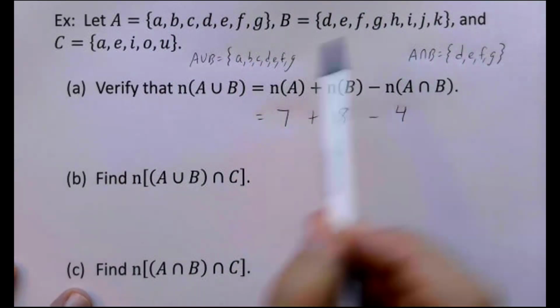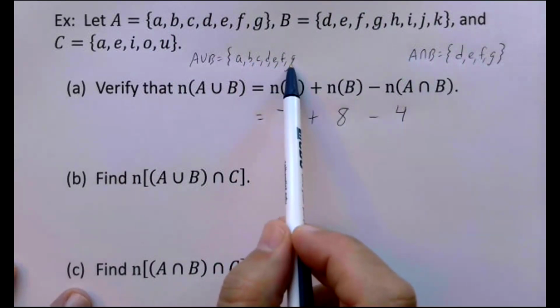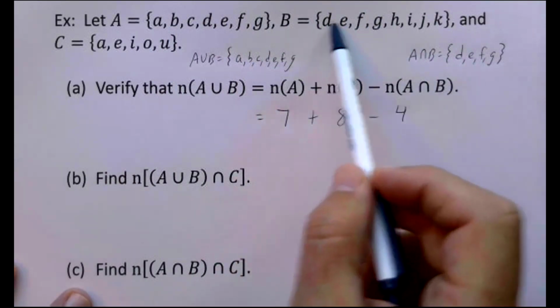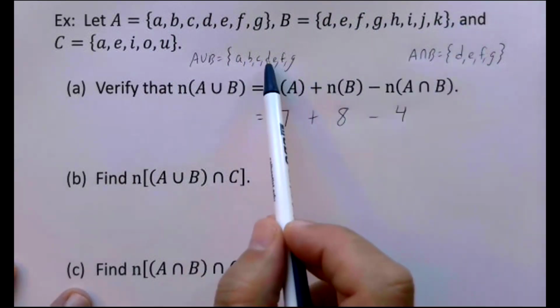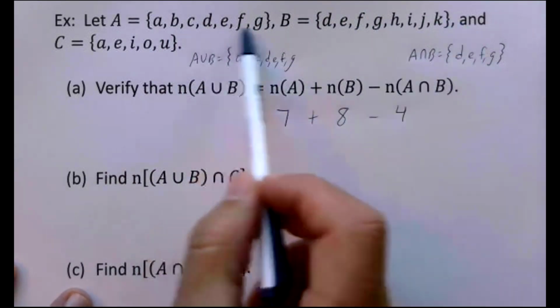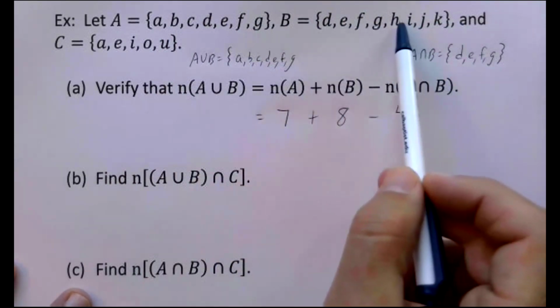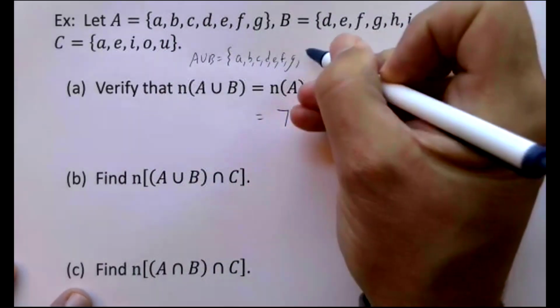I'm not going to write D, E, F, G again because I already have D, E, F, G. I need to write H, I, J, K though.